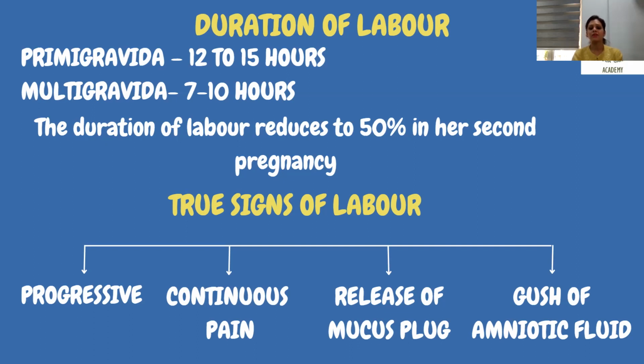True signs of labor: continuous contraction of the uterus, so the mother gets pains and pains. When there is a progressive increase in the contractions and the persistent pain is there, it is a true sign of labor.